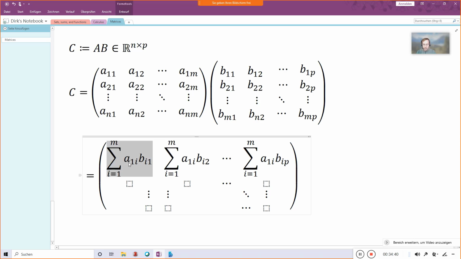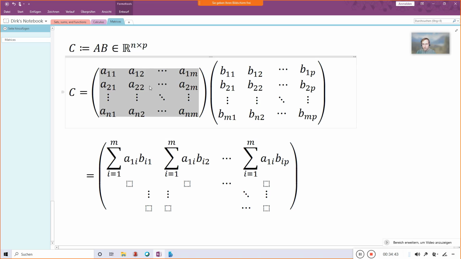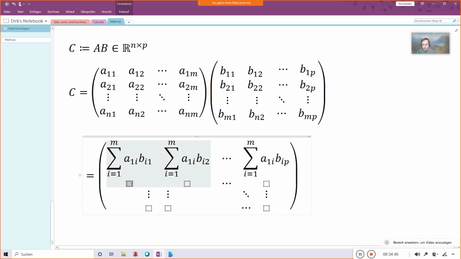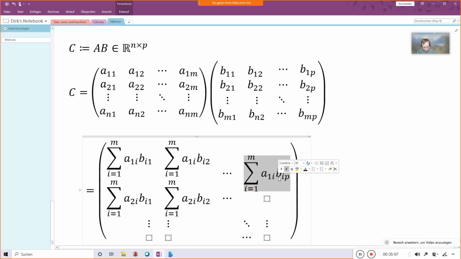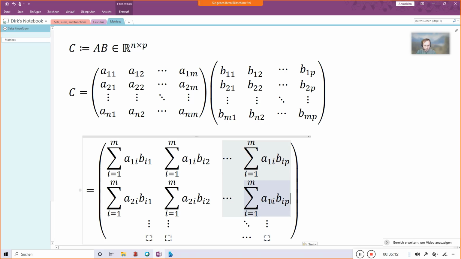The second row of C we now get by going into the second row of A, and then we do the same thing again that we did for the first row. We again go over the columns of B, but now multiply everything with the elements of the second row of A. And this is also what we will do here, and also here.